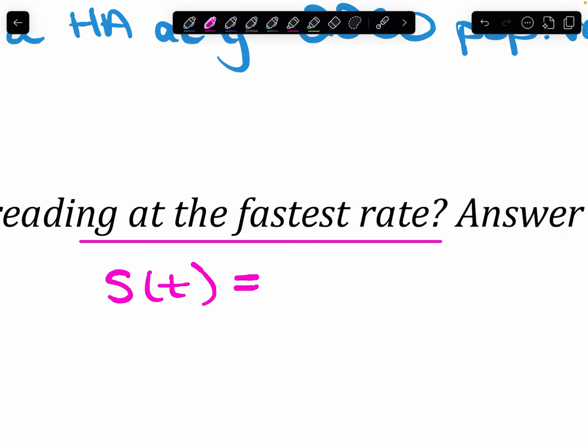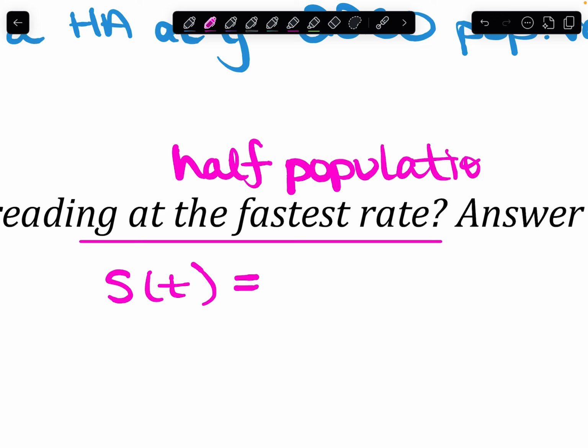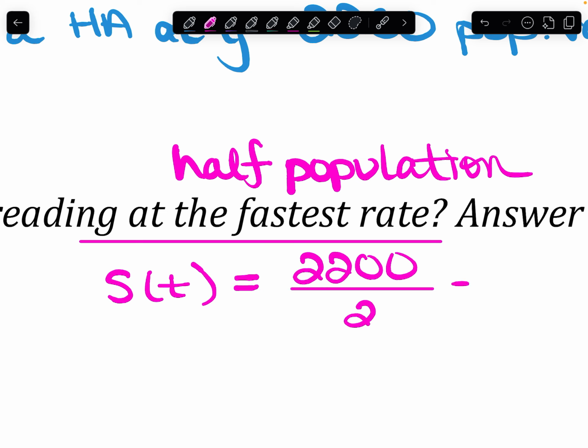The fastest rate is at half, or the midpoint, of your population value every single time. So our population was 2,200. We cut it in half by dividing by 2. So our fastest growth rate is going to be when 1,100 students were infected.